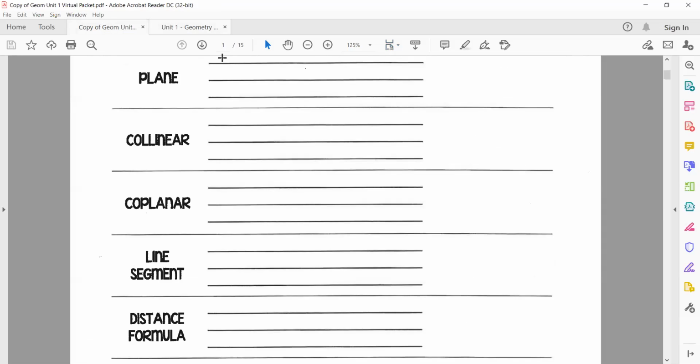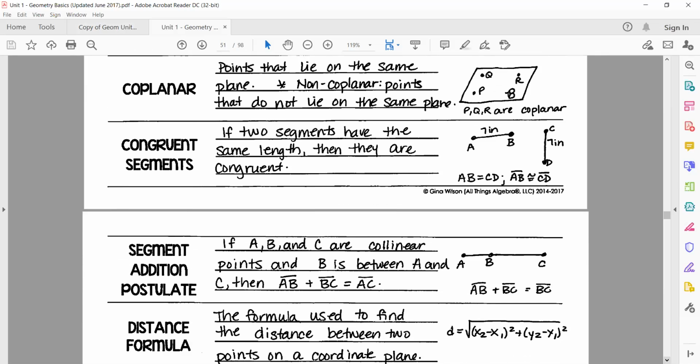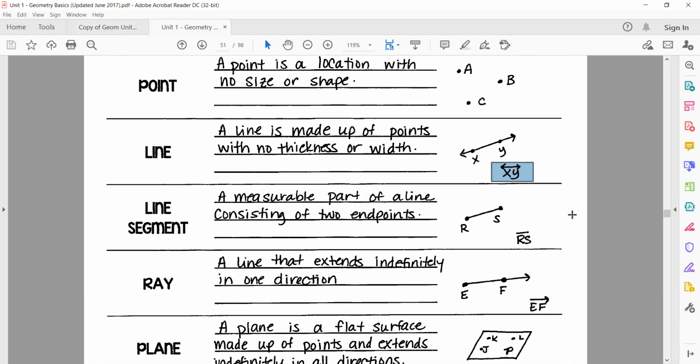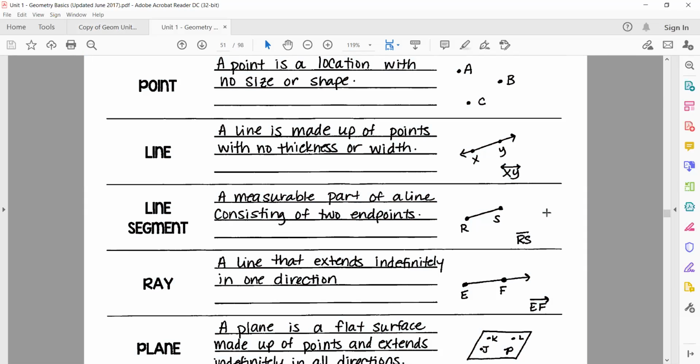Line, segment, and distance formula. So again, these are not in the same order. There we go. Line segment. Measurable part of a line. The big difference between lines and line segments is segments end.